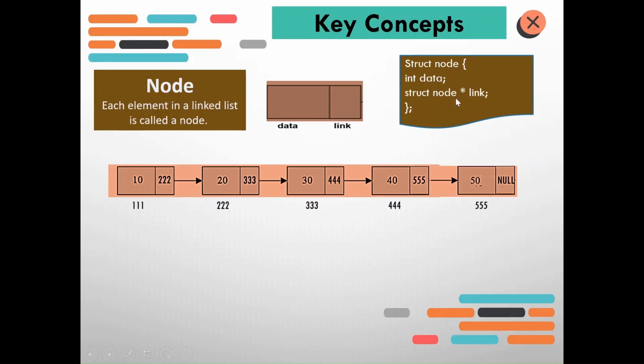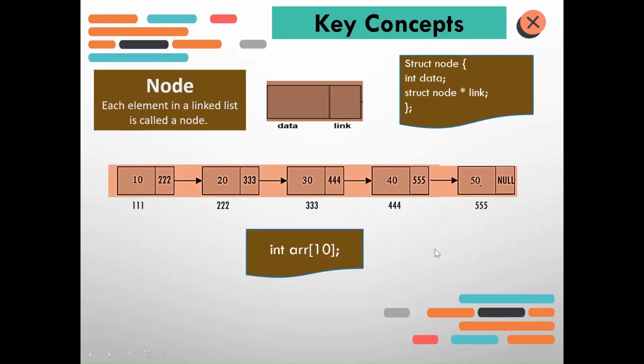I hope you understood that. What does this struct node asterisk mean? It means that the addresses stored here would be of some node. That is justified because I have stored this 222 here, which is the address of another node, like this one itself is a node.